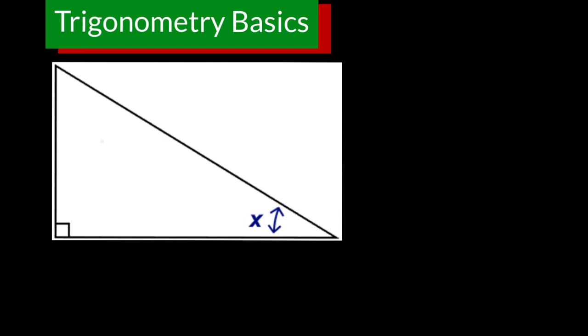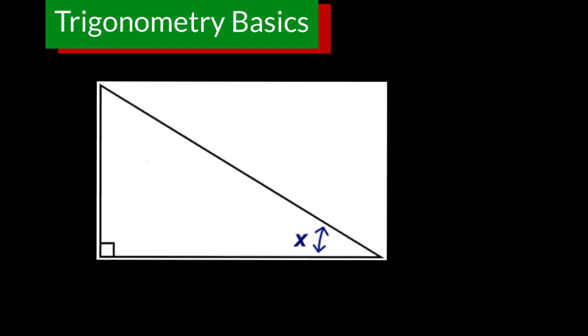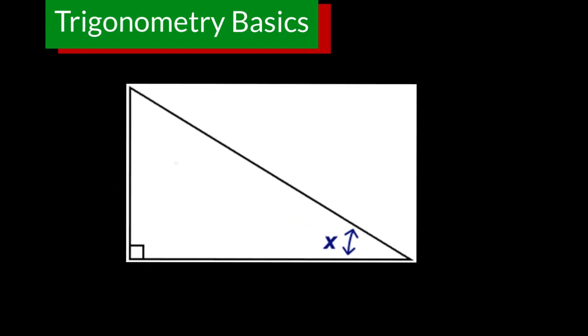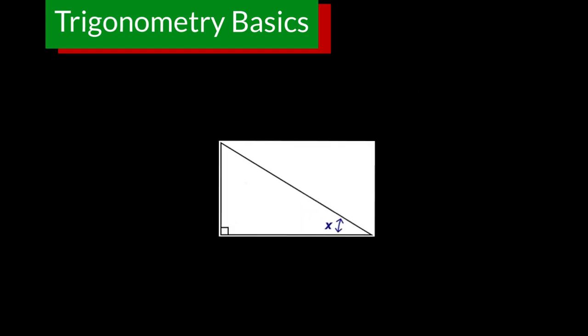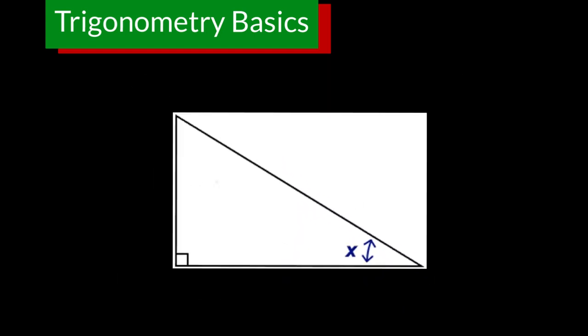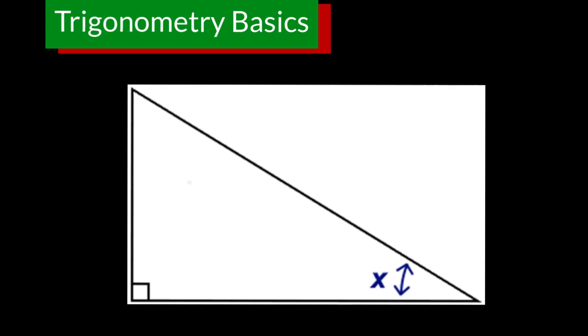So why is this important? Well, remember that sine, cosine, and tangent are ratios. So that means that with this triangle, no matter how big or small it gets, angle x is going to stay the same. It's the same angle. It's still however many degrees.